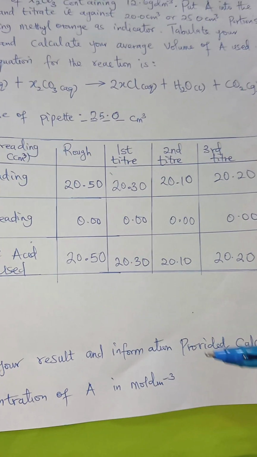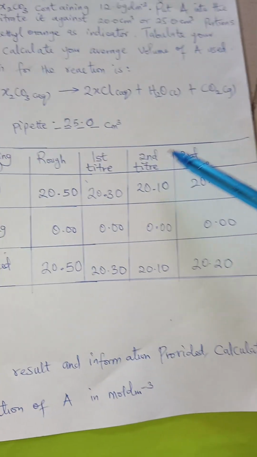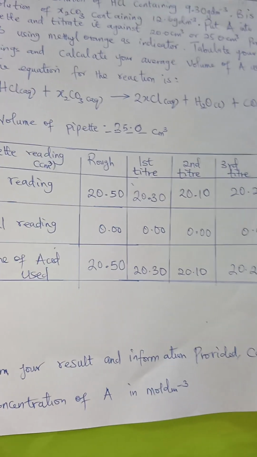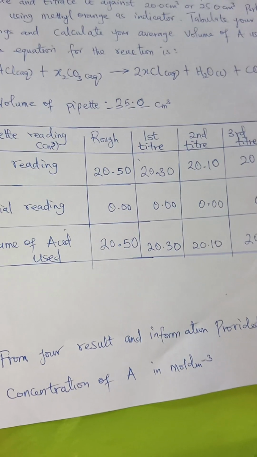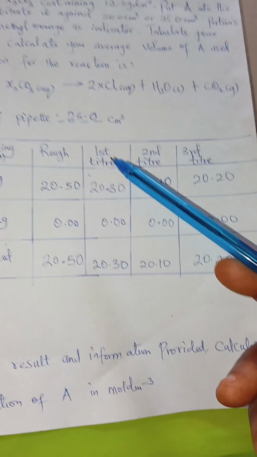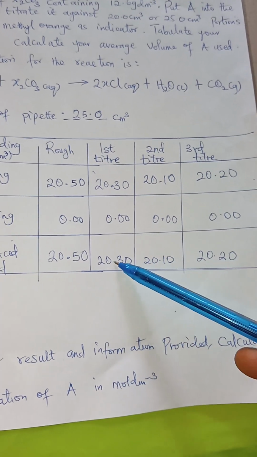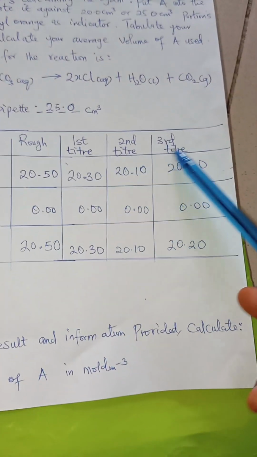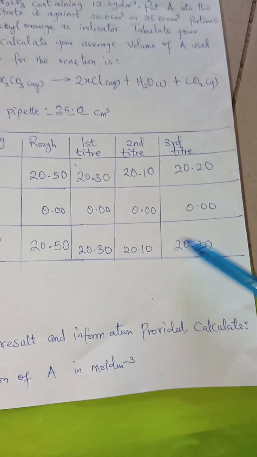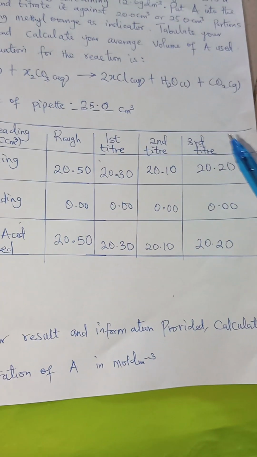To calculate your average volume of acid used, you add the first, second, and third titer values, then divide by 3. Let's say you're only working with two values, you add them and divide by 2, because you only picked 2 values. But if you are using 3, you add the 3 and divide by 3. You already know how to calculate the mean, even from elementary mathematics.